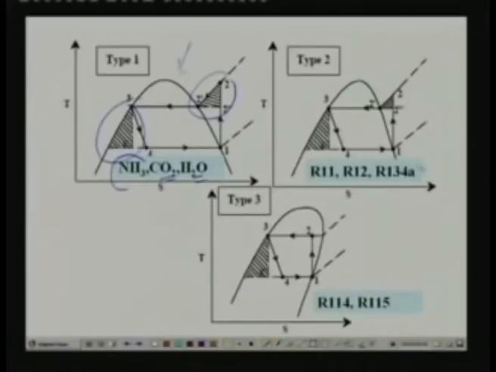Now for type 2 refrigerants, that means R11, R12 and R134a, the loss due to the superheat horn is much less compared to the loss due to throttling, because this area is much less compared to this area.